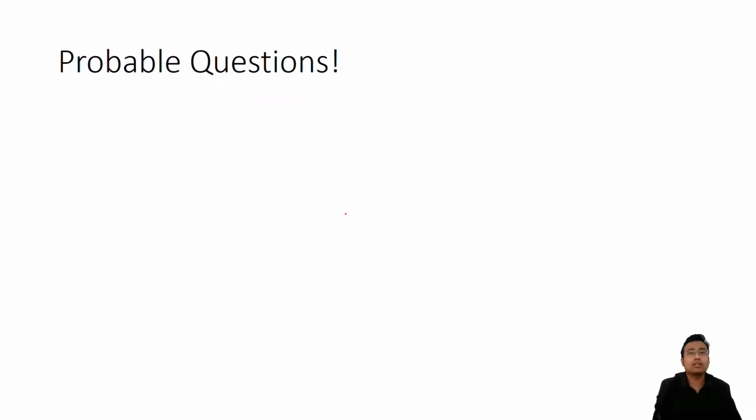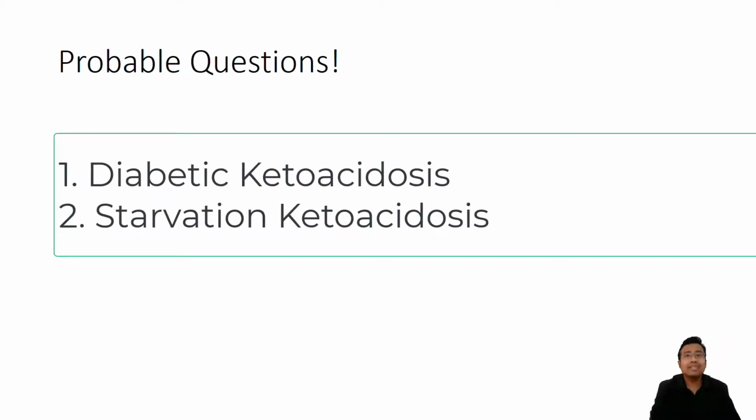So what are the probable questions? The first question that the examiner will ask you is, what is your diagnosis? Definitely the condition is ketonuria, ketone bodies in urine, right? So as an undergraduate student, your probable answer should be, my teacher, this is a case of ketonuria, might be due to, number one, diabetic ketoacidosis or starvation ketoacidosis.